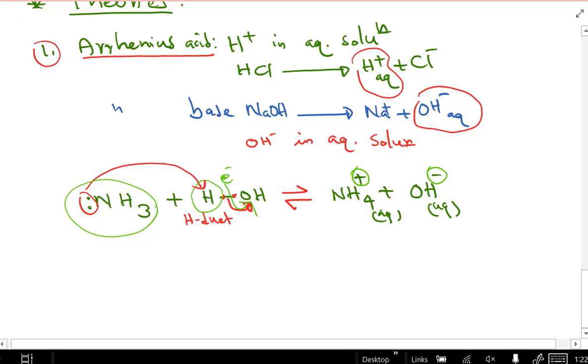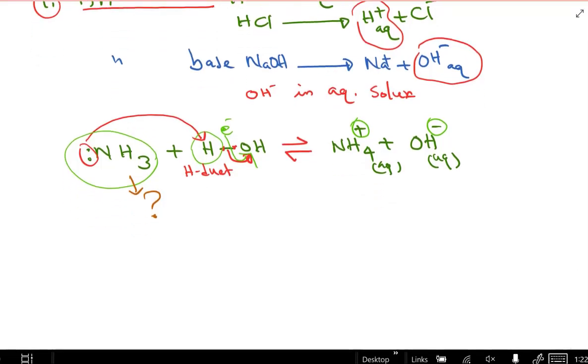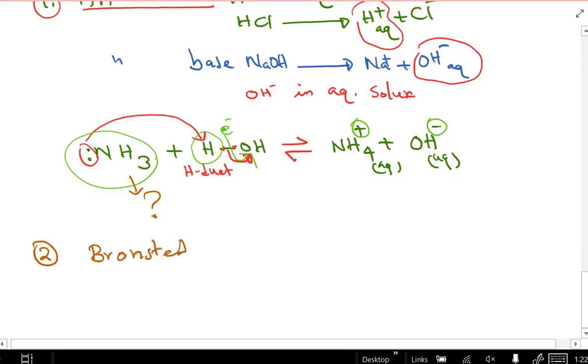Now we can see that ammonia did not show any hydroxide ions to release to the water. That's a question, right? This can actually be answered using the next theory. Theory 2 is called the Bronsted and Lowry theory, also shortened to BL theory.